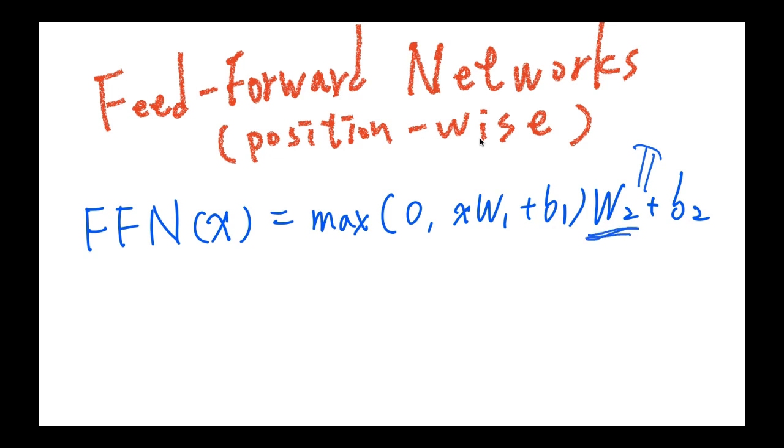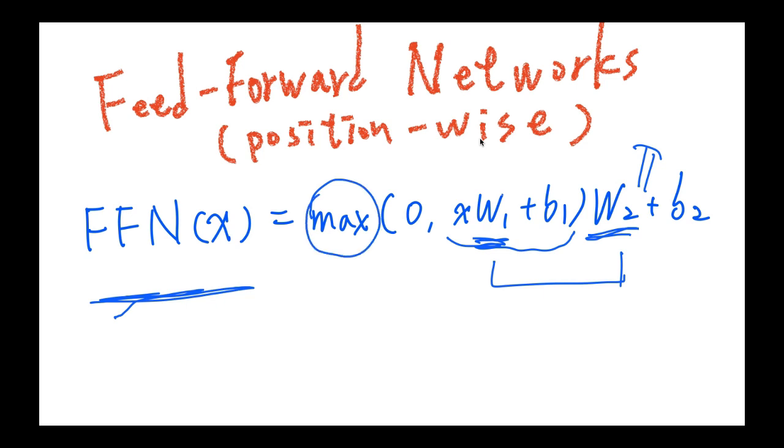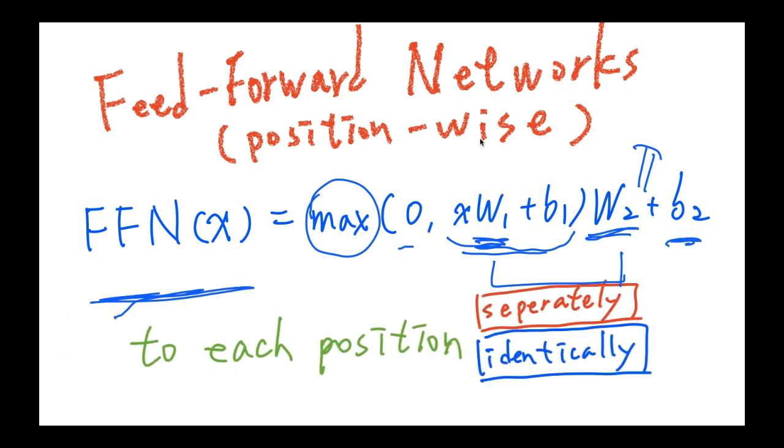It has two projection layers. It's one feedforward neural network consisting of two layers. After the first layer you have the non-linearity, which selects the max between 0 and your value. And then you have a bias term here. So it's quite straightforward.